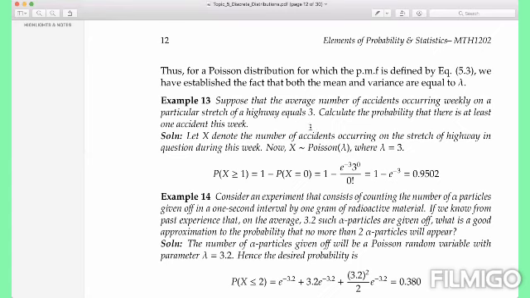The example here is not confusing, because we are saying that suppose the average number of accidents occurring weekly on a particular stretch of highway equals 3. Calculate the probability that there is at least 1 accident this week. Now, the probability is wanted in a week, and also lambda was given weekly. In this case, the lambda used to get the probability will be the same as that given.